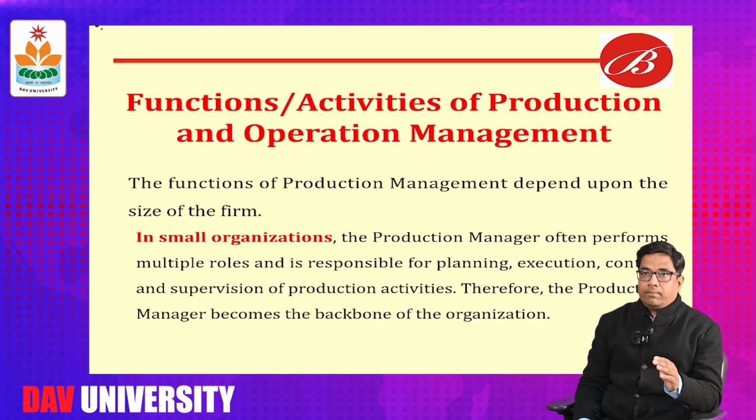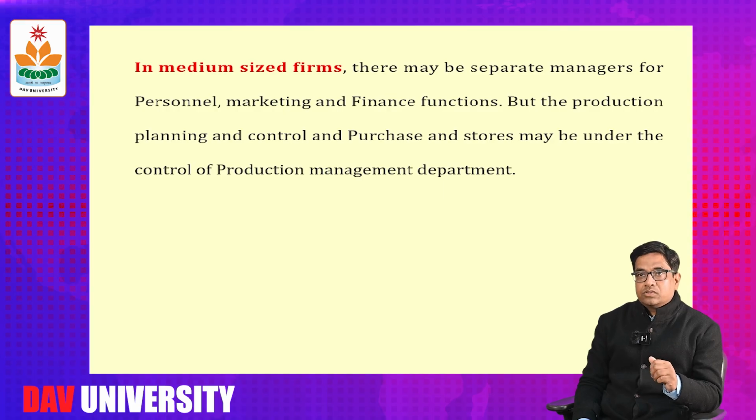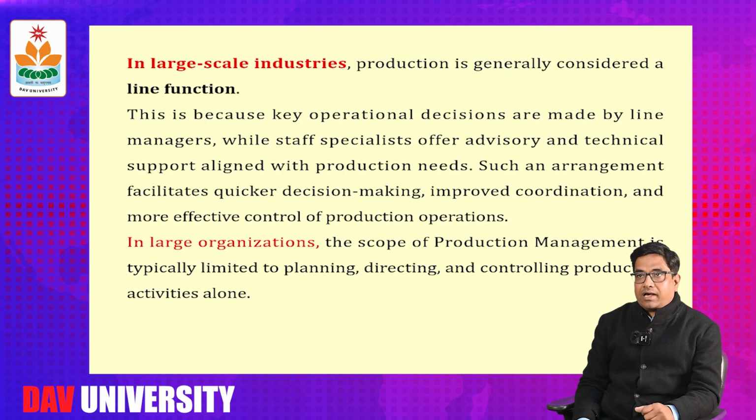When we are talking about medium-sized organizations, there may be separate managers like personnel manager, marketing manager, and finance manager. But production planning and control, and purchasing and storing fall under the production and operation manager or production management department. In large scale industries, production is generally considered a line function.